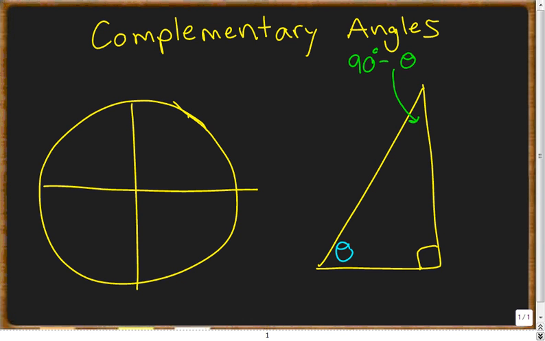So what would that look like on a unit circle, or when we're dealing with rotations instead of just triangles? Well, if we were to rotate theta, so this type of angle here, its complement would be 90 minus theta.